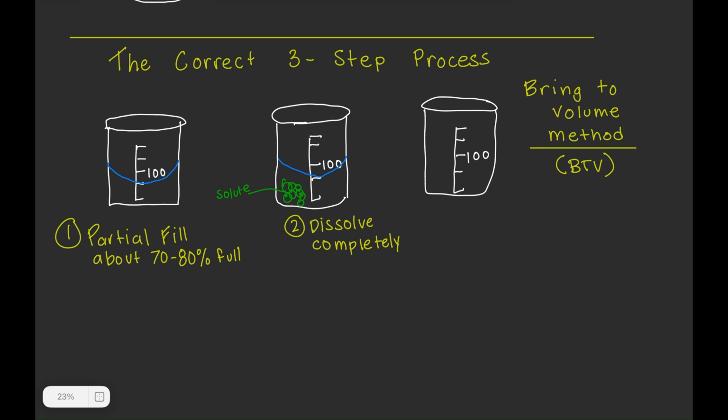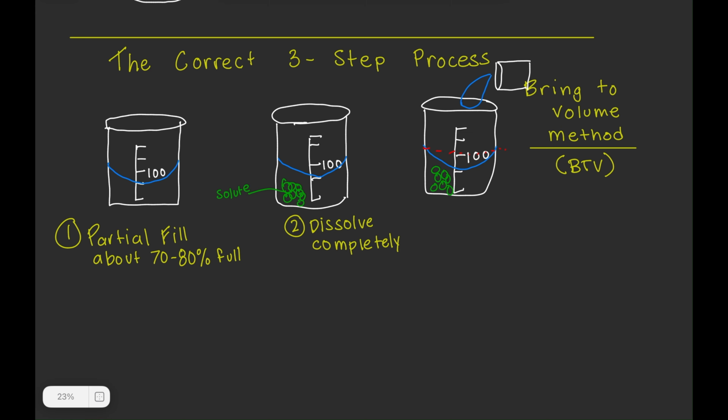And then in step three, what we're going to do is bring this up to volume. So we'll use a second beaker, and we'll have our fluid in here. We will then add more to our solution, and this will bring it up to that 100 liter mark.